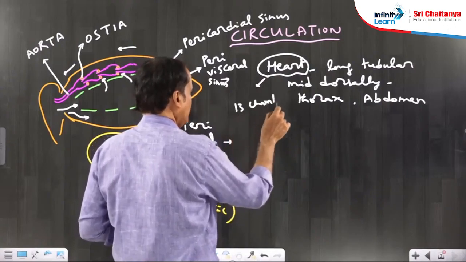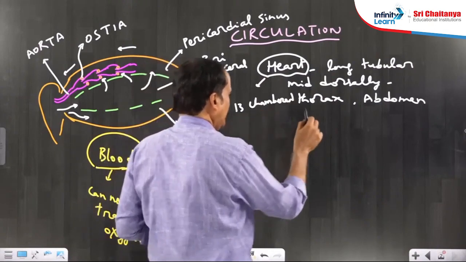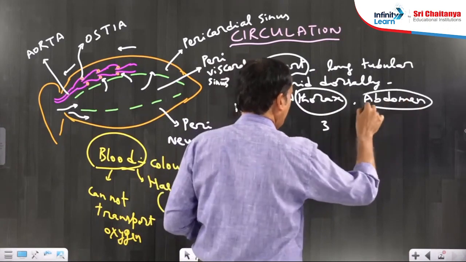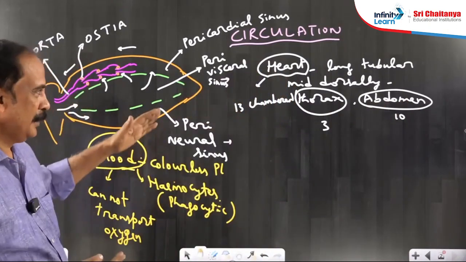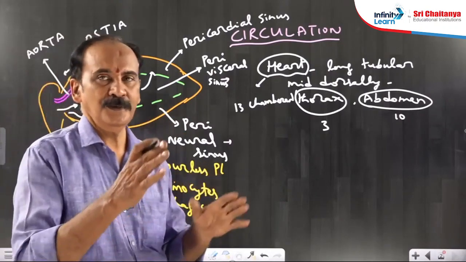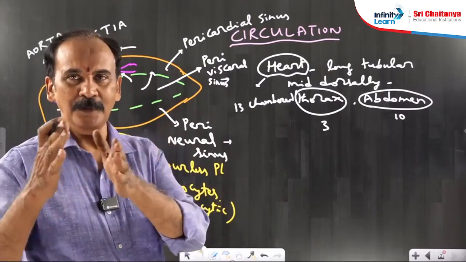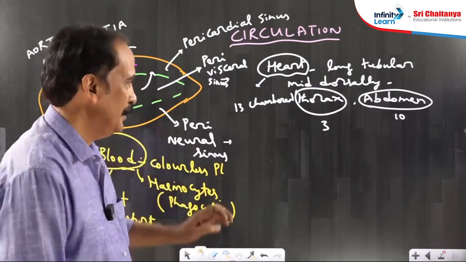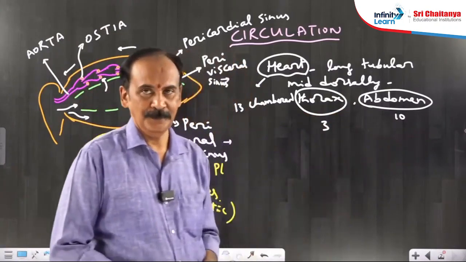Heart in cockroach is having 13 chambers. So 3 chambers are present in thorax and 10 chambers are located in abdomen. The 3 chambers are present in the thorax, that means thorax has 3 segments. So prothorax will have 1 chamber, meso will have 1 and meta will have 1 heart chamber. Similarly, all abdominal segments will have 1 heart chamber.